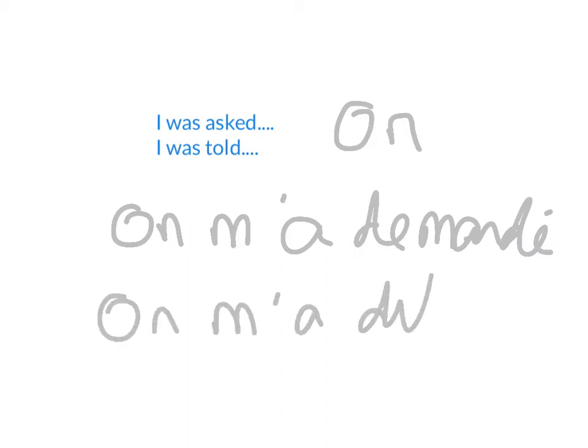So I was asked is going to become on m'a demandé. I was told will follow the same principle: on m'a dit. We have to use the on to translate the idea of passive, because those verbs take an indirect object and cannot use the traditional method.